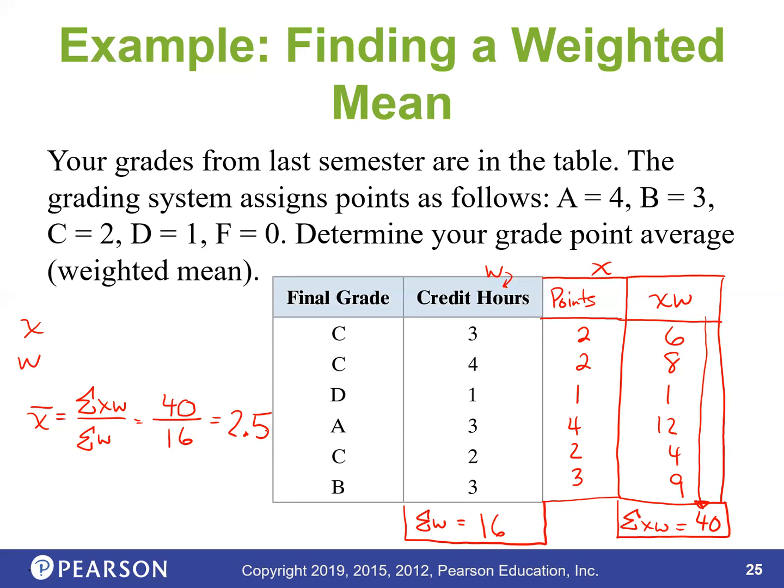Okay, you guys talk to me. Does this sort of, a little tiny bit, look like a frequency issue as well? Notice we multiplied together here to get this piece, because the number of credit hours is almost like its own little frequency of importance.